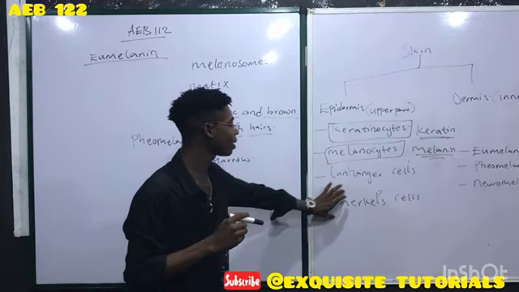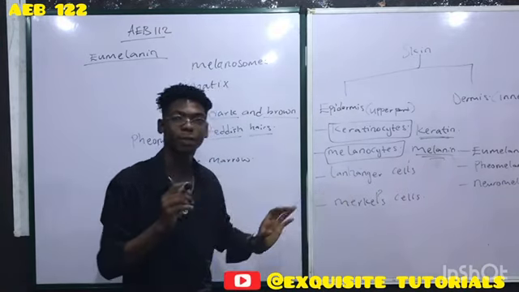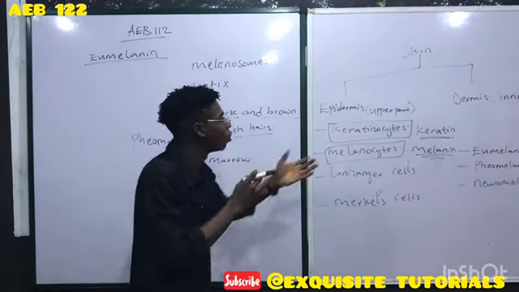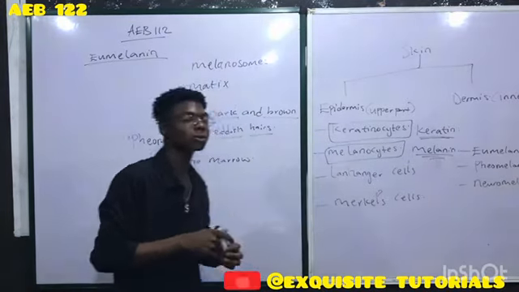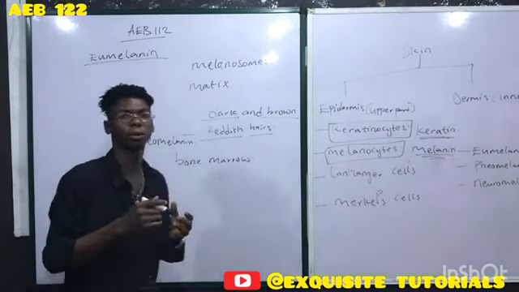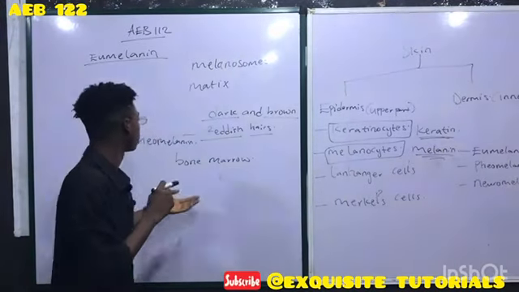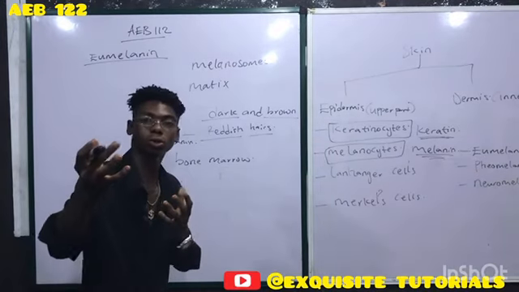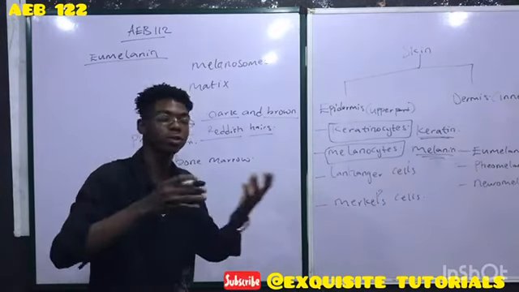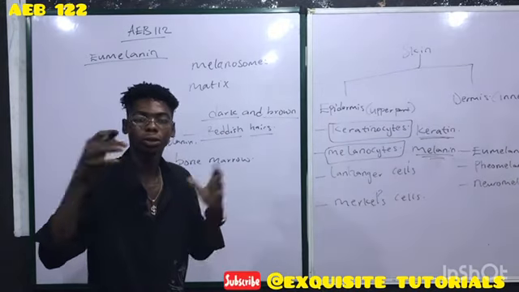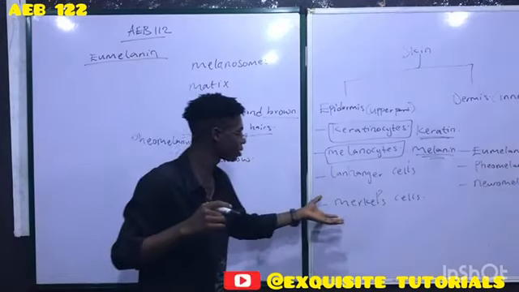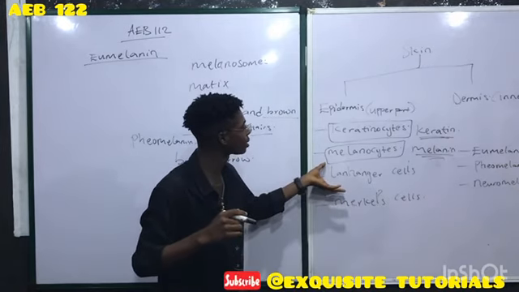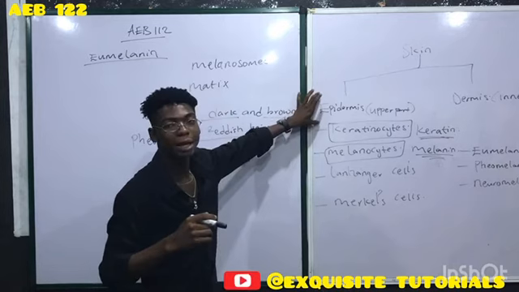Now, the Merkel cells, these ones are very easy. These are little things that make up the epidermis. The Merkel cells are cells that are associated with touch, sensitivity to light, pressure, etc. But these cells, together with the Langerhans cells, are found in the epidermis.